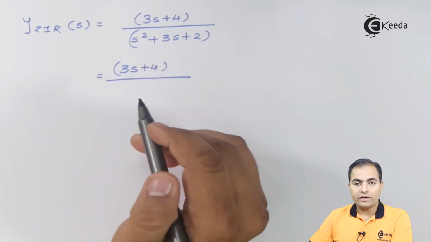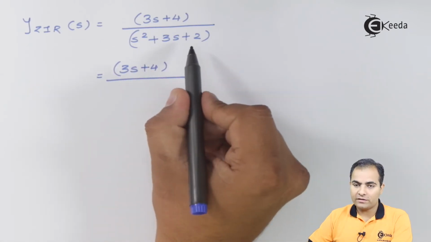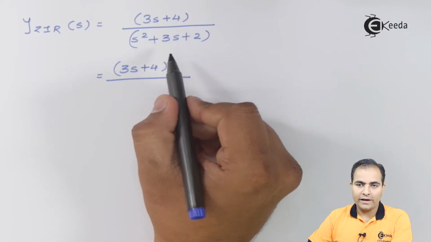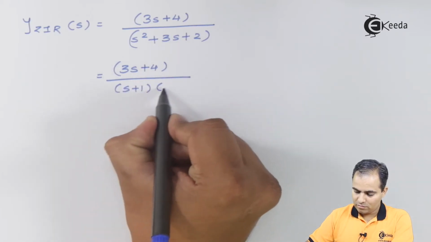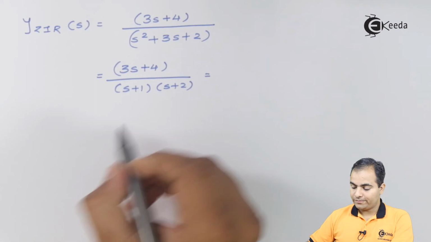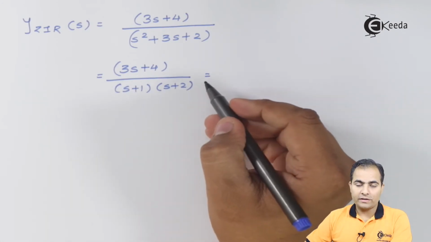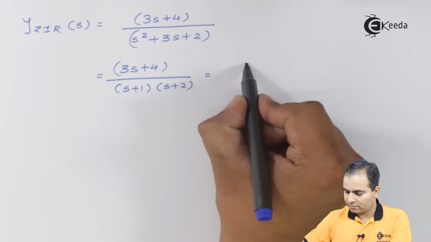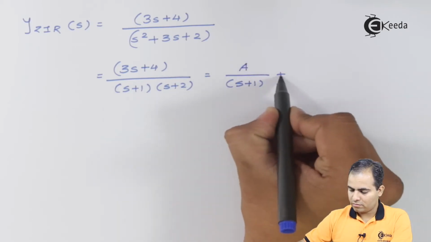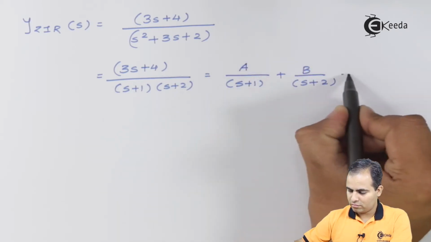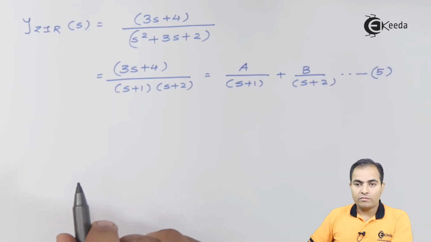So, what we want? The factors, and the factors are, as I already calculated, s plus 2 and s plus 1. So, if we have two poles, which means we will use two variables, let's say that a and b. This is our equation number 5.